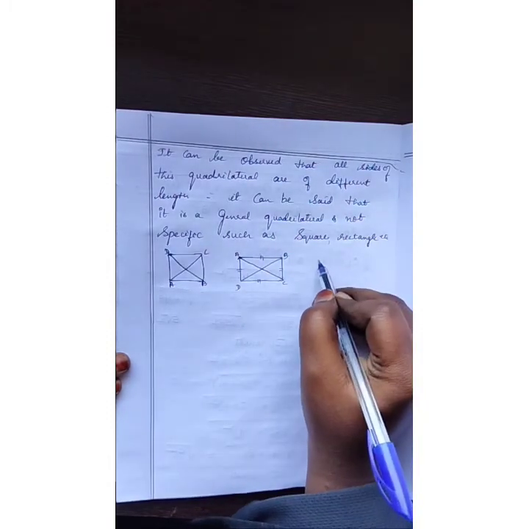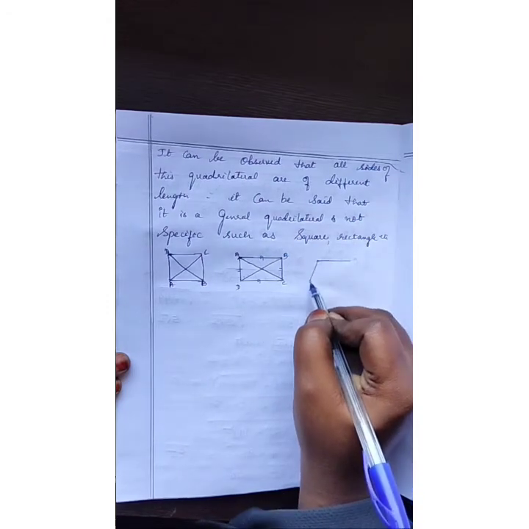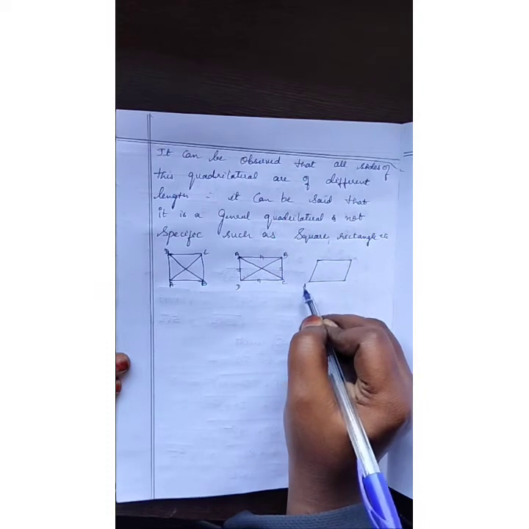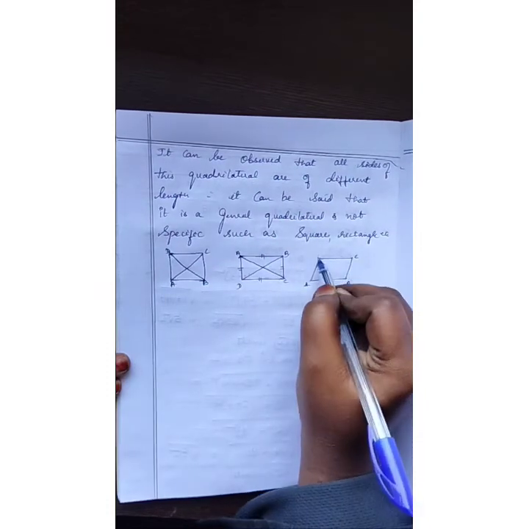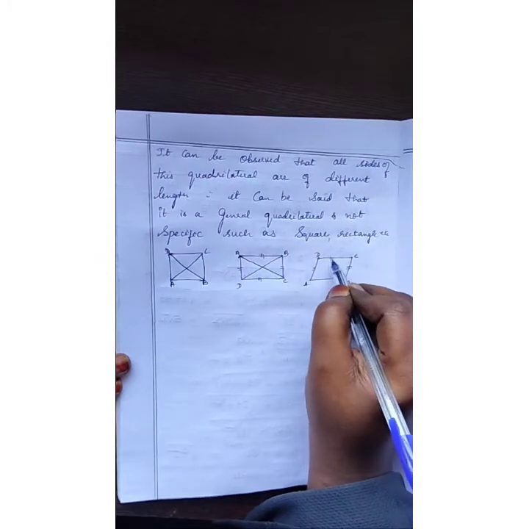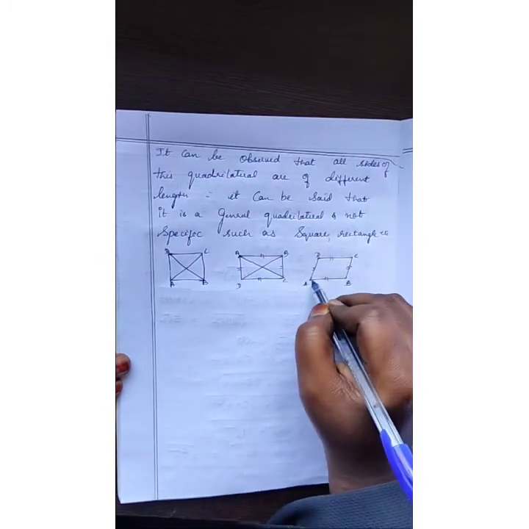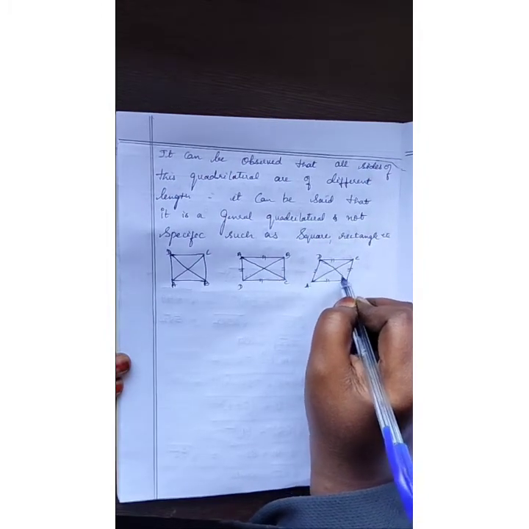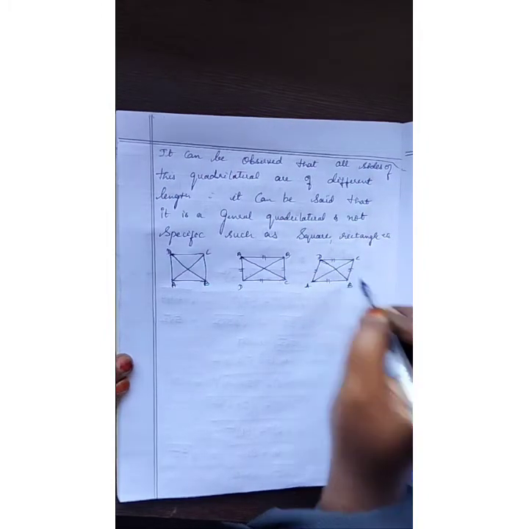Okay. But in parallelogram, consider this as parallelogram A, B, C and D. Here in parallelogram opposite sides will be equal and diagonals are unequal. Okay. All these are perfect quadrilaterals. What is quadrilateral?